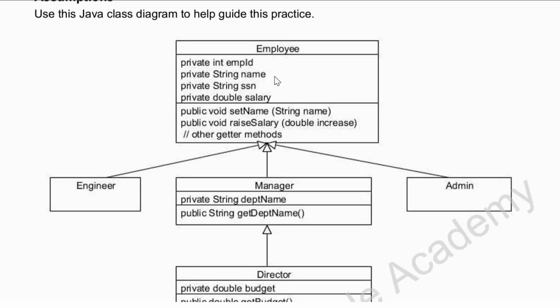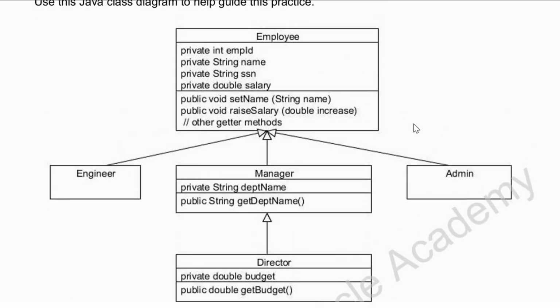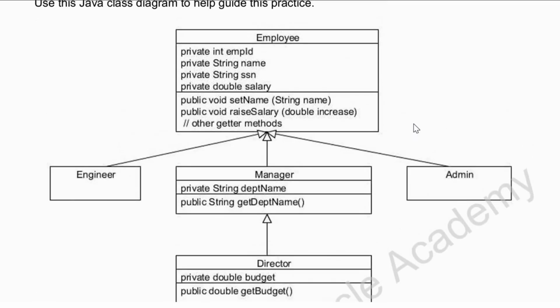Another thing, the functions we define inside the employee class do not need to be redefined in the other classes because they will automatically be included in the engineer class, the manager class, the admin class, and the director class.